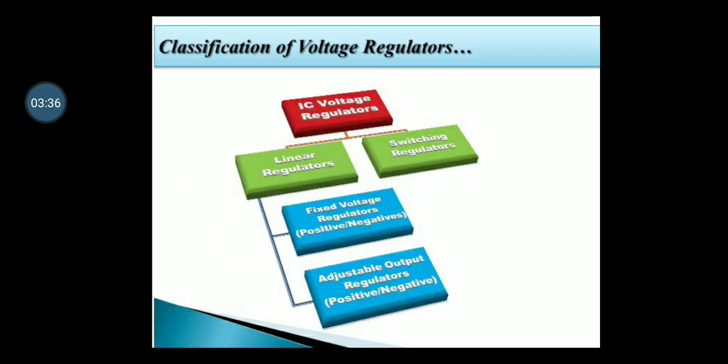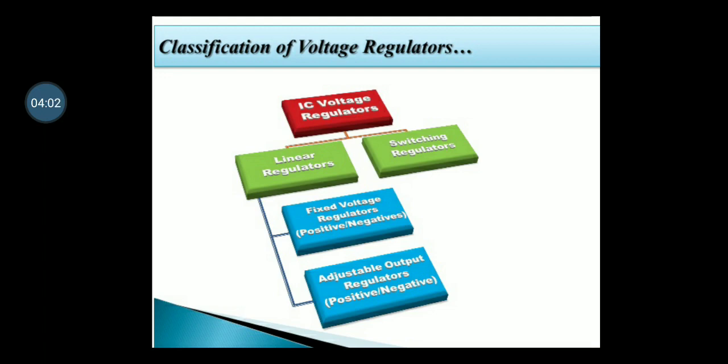Classification of voltage regulators. An IC voltage regulator may be classified as linear regulator and switching regulator. It is further divided into fixed voltage regulator and adjustable voltage regulator. A series regulator uses a power transistor connected in series between the unregulated DC input and the load.